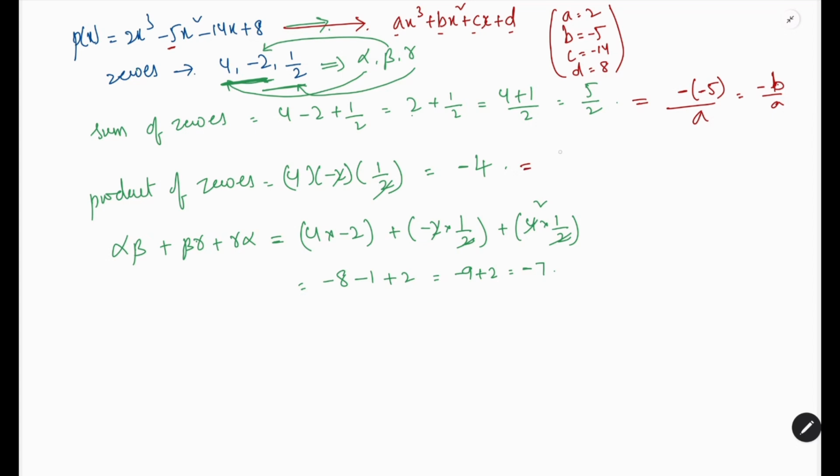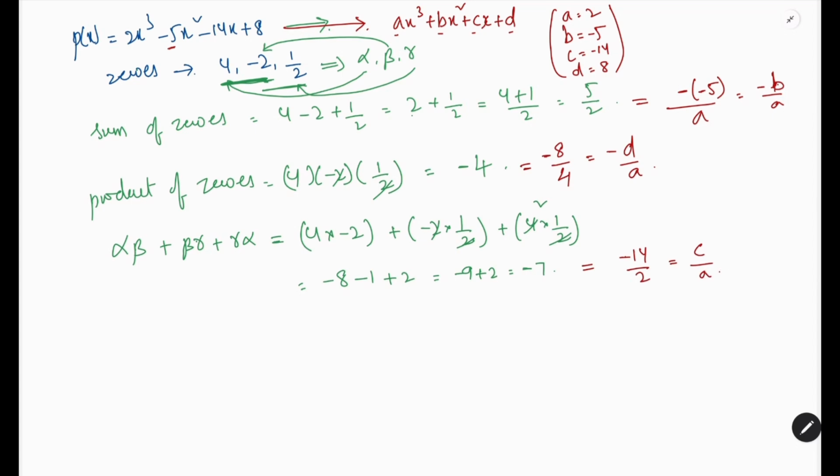Here d by a. D is 8 by a, minus d by a. Now this minus 7 is c, so minus 7 is minus 14 by 2, equal to c by a.